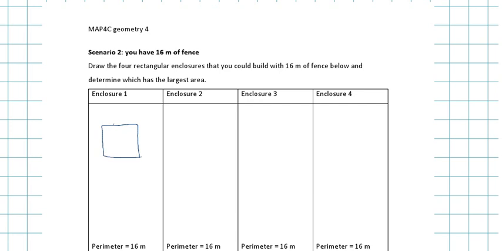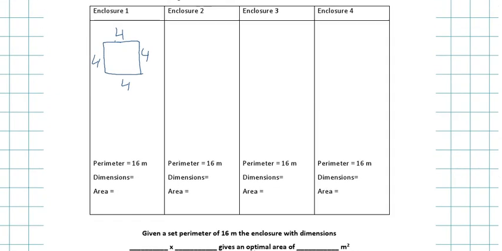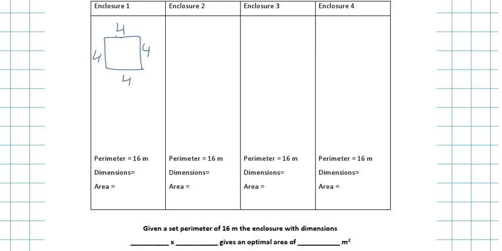That gives me 16: 4 plus 4 is 8, plus 4 is 12, plus 4 is 16. What would be my dimension? My dimension is 4 by 4. And what's my area? 16 square meters.